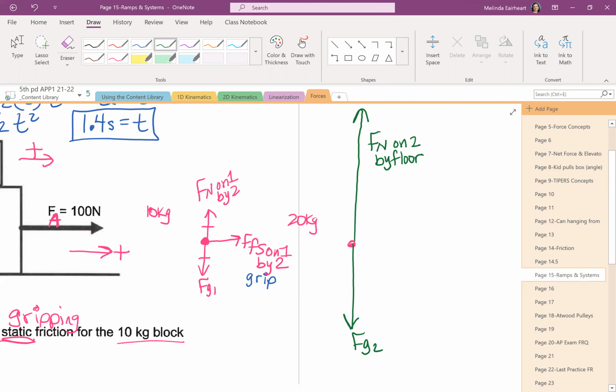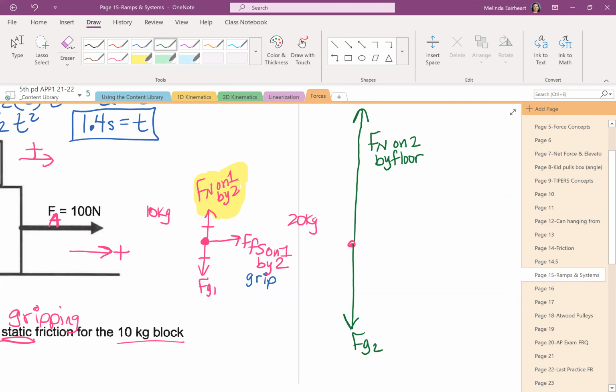Block 1, which is above block 2, is pushing what direction on block 2? Their contact force between each other. Block 2 pushes up on block 1.